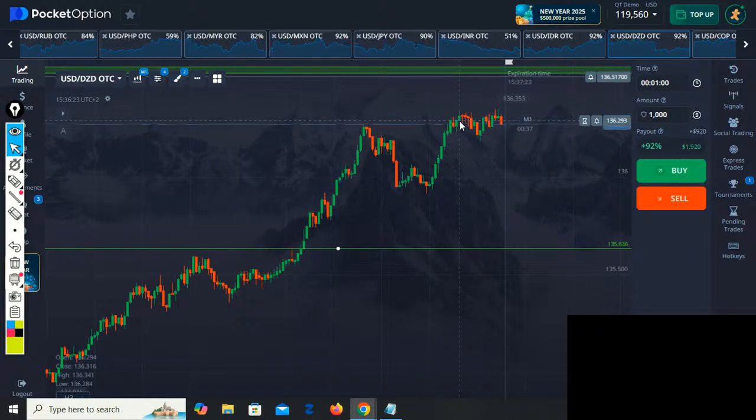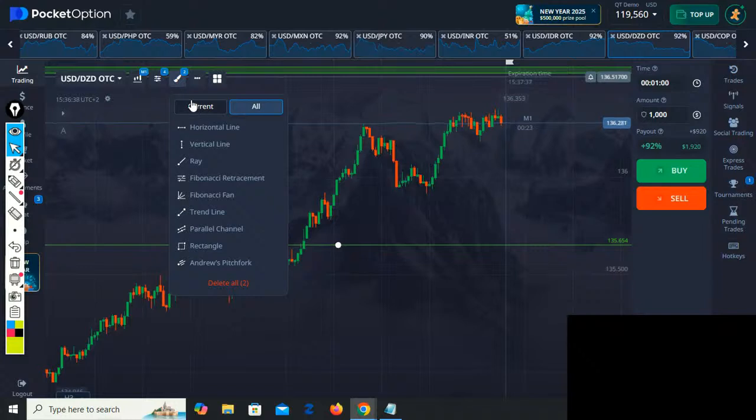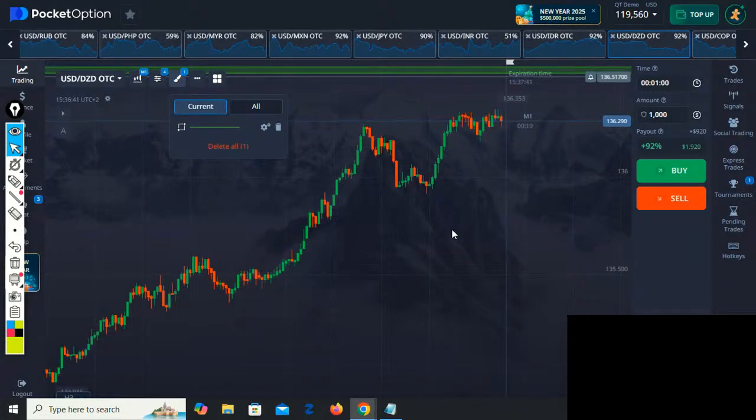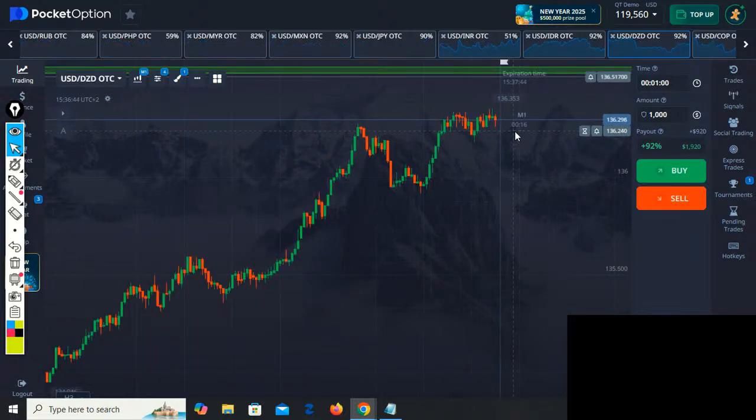We already have 3 more setups with alarms. So if any of those triggers, we will go for it. Let me remove this green line. Consolidating a little bit here, no problem.